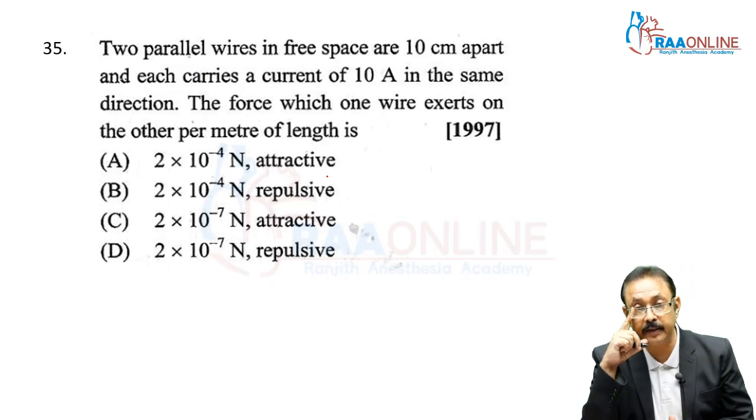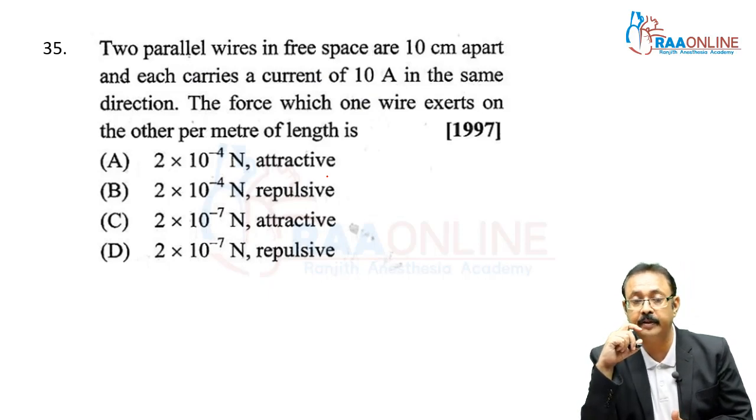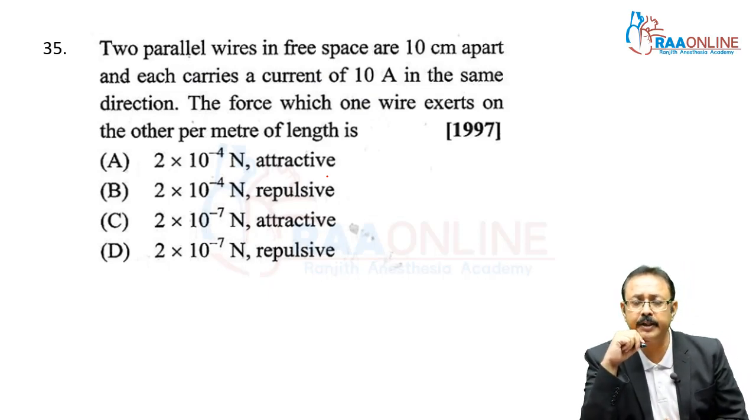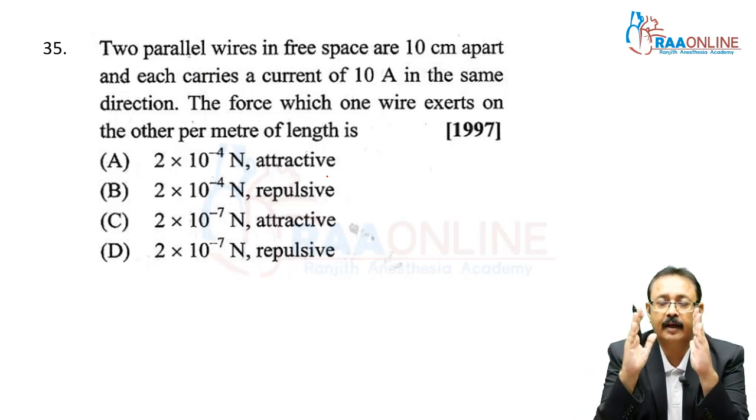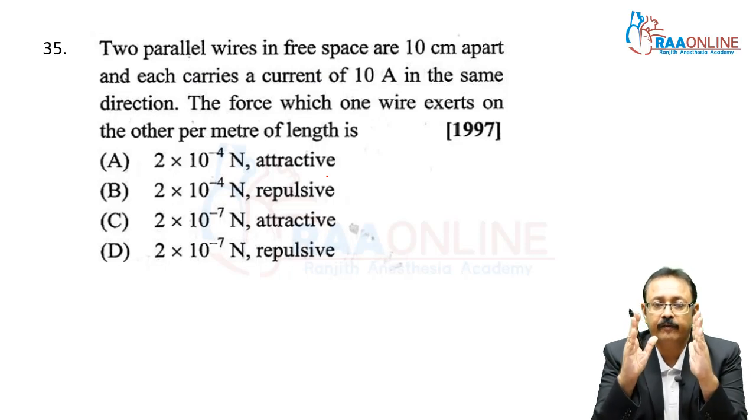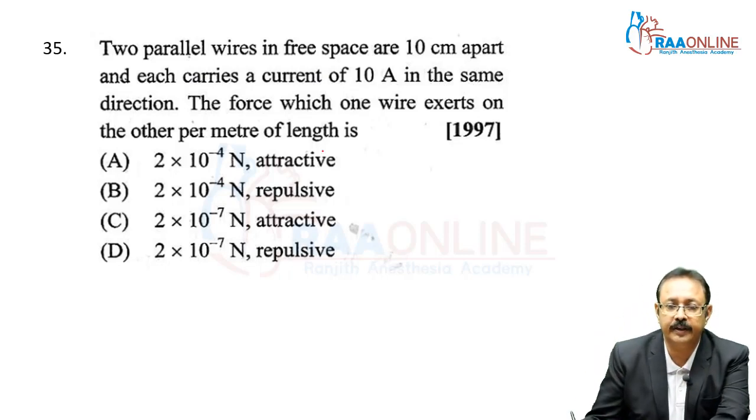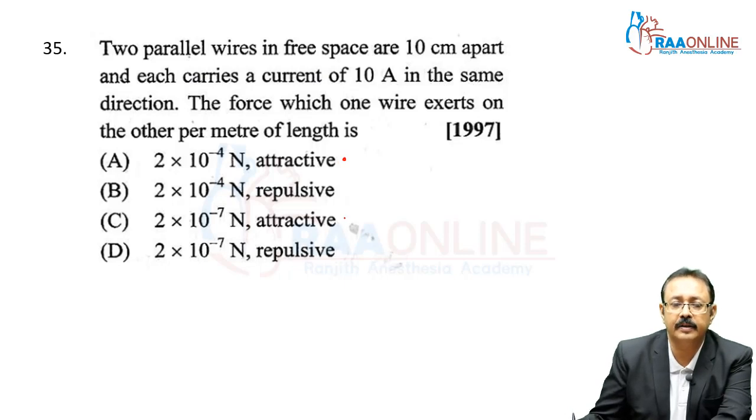35th problem. Two parallel wires in free space are 10 centimeter apart. Each carries a current of 10 ampere in the same direction. As we proved in previous slides, if currents are in the same direction, the wires will attract each other. If they are in opposite direction, they will repel each other. So either A option is correct or C option is correct.